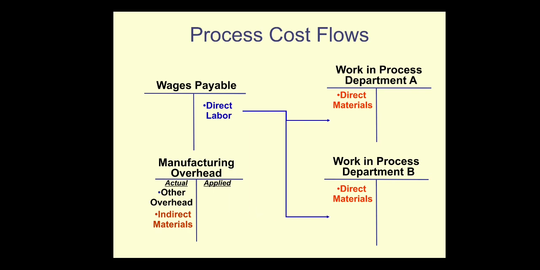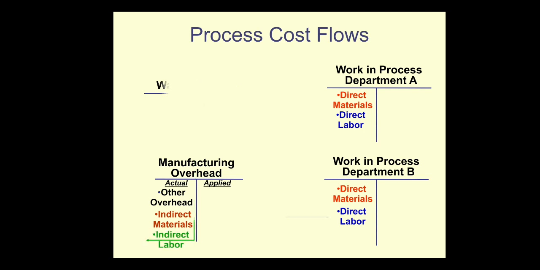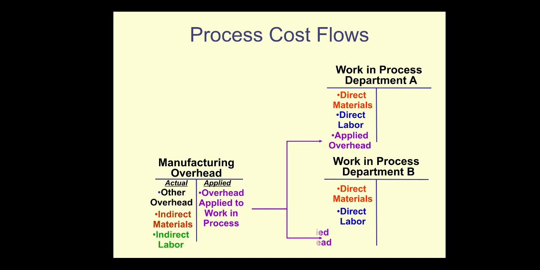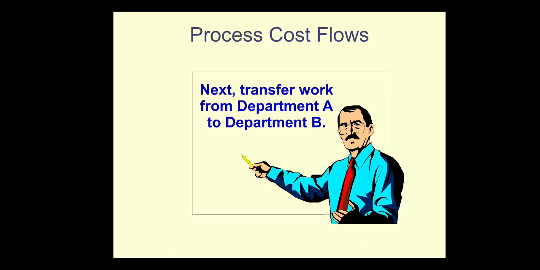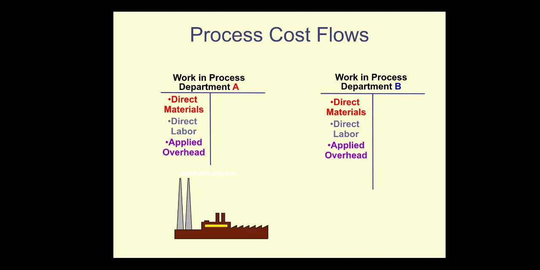Okay, in this example there are two departments, department A and B. So total cost is equal to the production cost in department A plus the total production cost in department B. You transfer work and cost from department A to department B. If the business has 10 departments in the factory, you have to add all the costs related to the production in these 10 departments.